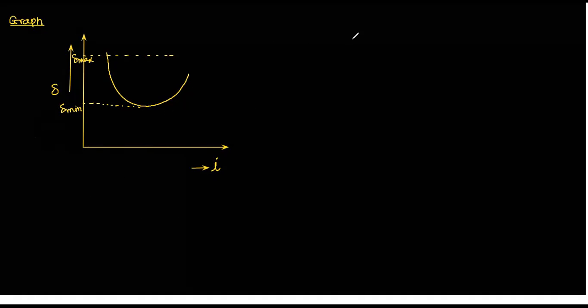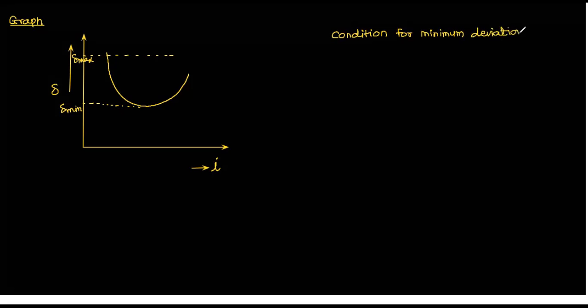So what is the condition for minimum deviation? Yesterday also I have told you. So again, the condition for minimum deviation, as in yesterday's expression, we took i1 is equal to i2.